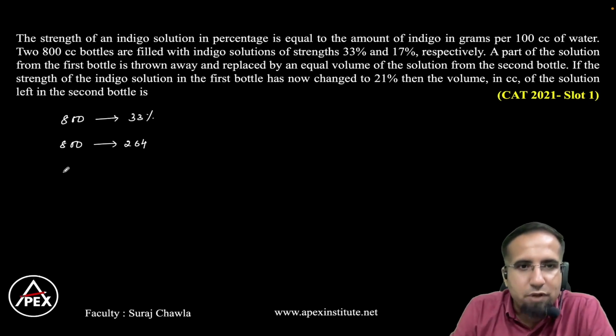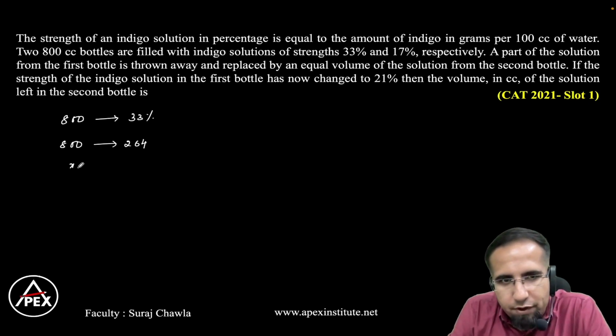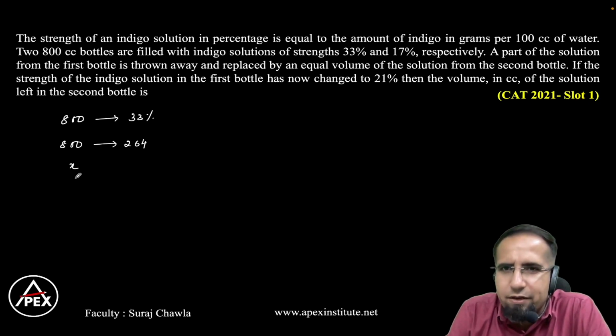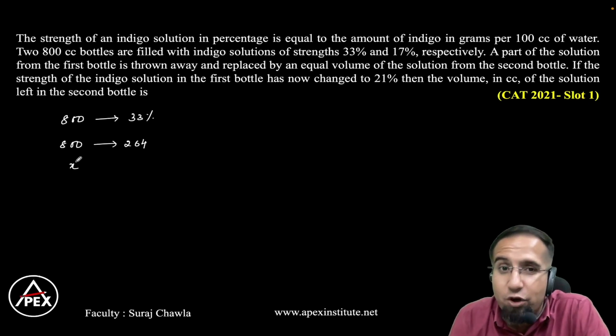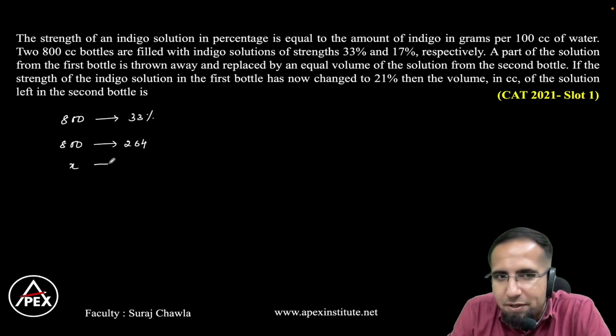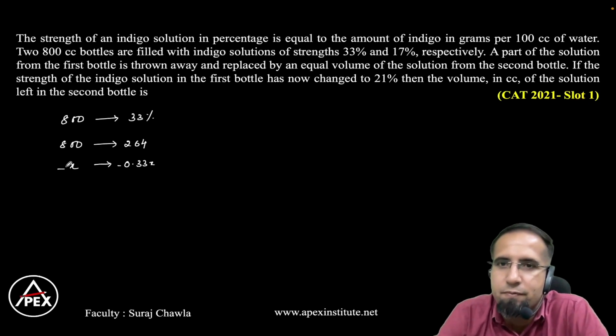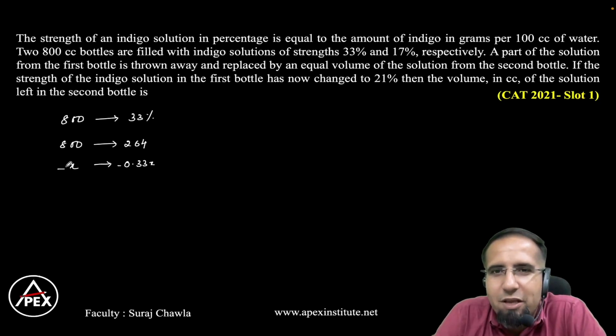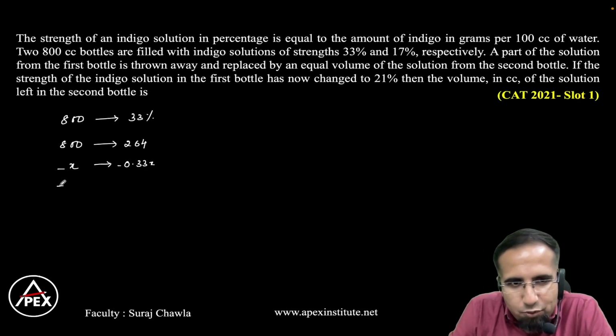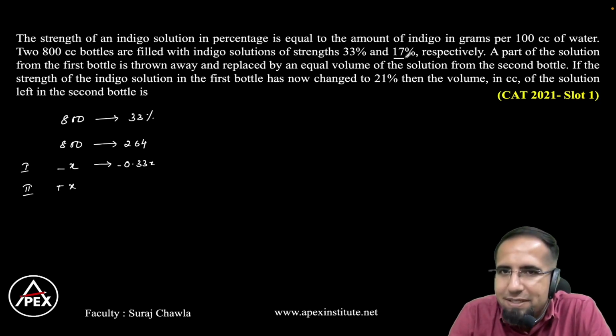Now a part of the first bottle is thrown away. Now let me assume that x liters is thrown away. If I am throwing out x liters, the quantity of indigo solution will be 33 percentage of x, which will be 0.33x. So this part we are throwing off. Clear? And replaced by an equal volume. That means I am replacing with x more liters of bottle 2. Now bottle 2 has 17 percentage strength.